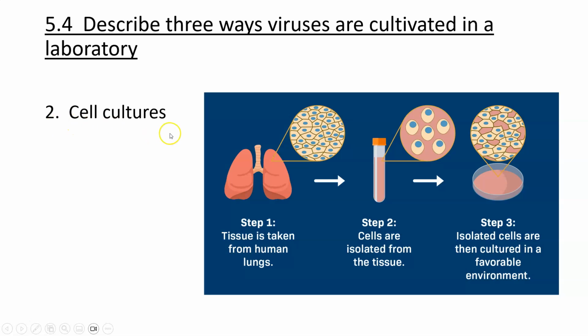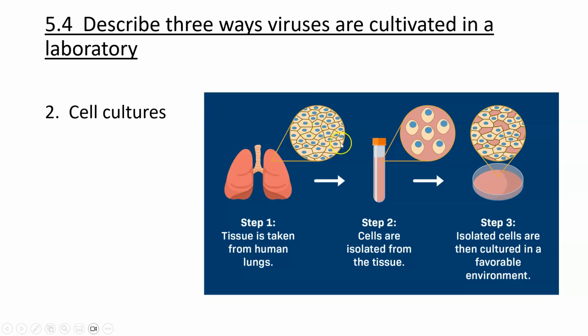A very common and very effective way to grow viruses in the laboratory is doing something called cell cultures. This diagram shows that if you want to study a virus that grows in the lungs, maybe you want to study SARS-CoV-2, it grows in lung tissue, but nobody's going to volunteer for your study to let you grow virus in their lungs. So you go in and get a little biopsy of human tissue, and there you have some cells.